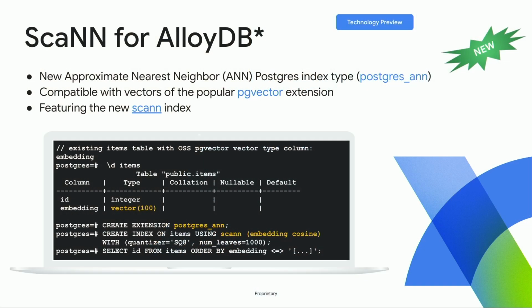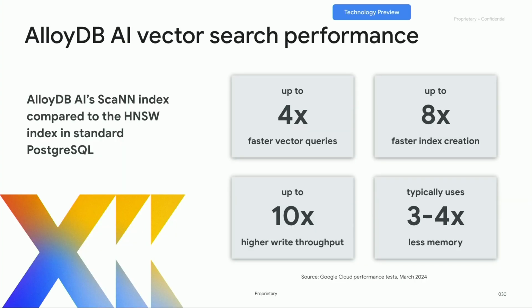To speed up that whole process, ScaNN is a new index type that we added on top of the IVF flat indexes that we have. This is pretty much the same technology used behind Google search, which we optimized for AlloyDB. Compared to HNSW, which is the most popular index for vectors today, it improves on it.